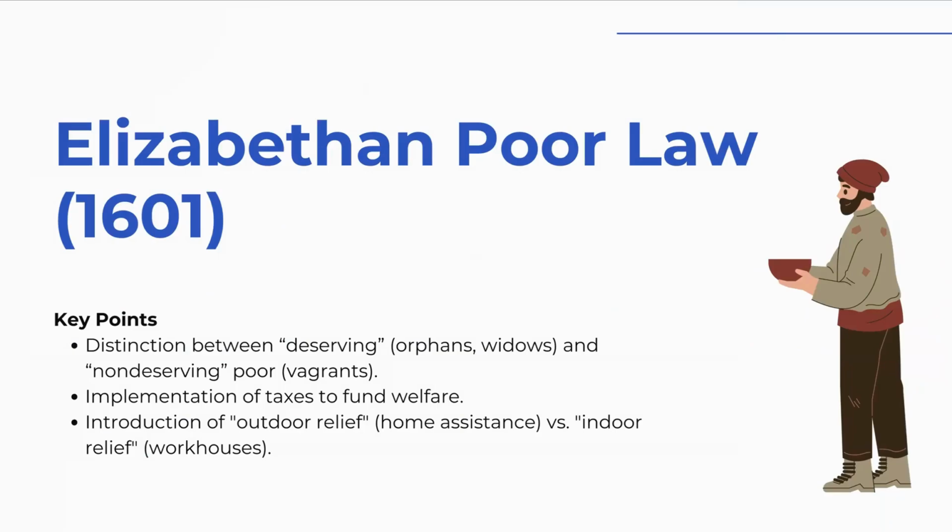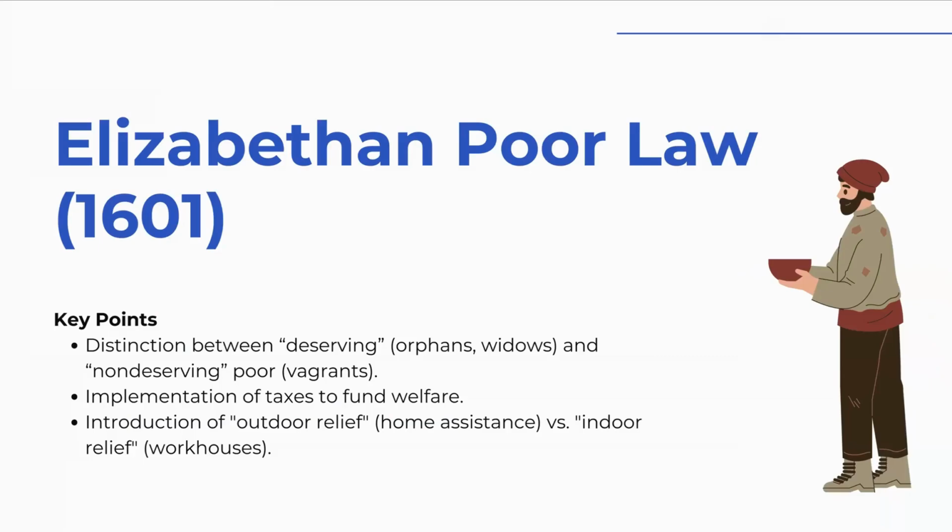Taxes funded welfare and assistance, which took on two different forms: outdoor relief, which offered aid in people's homes, and indoor relief, or workhouses.